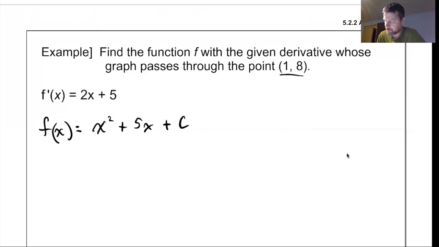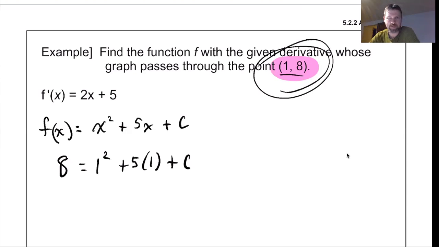This particular problem is asking me to find the particular function that would have passed through 1, 8. So it's giving me some more information to help me find that constant. I know with my function, when I plug a 1 in, I should get an 8 out. So 1 squared plus 5 times 1 plus whatever that c is, I should get an 8 out.